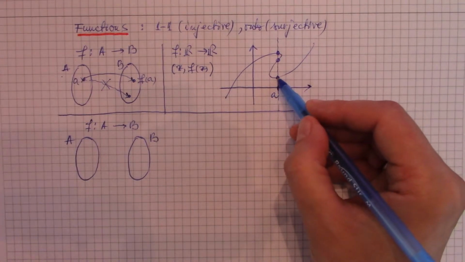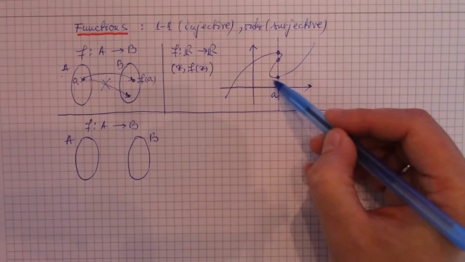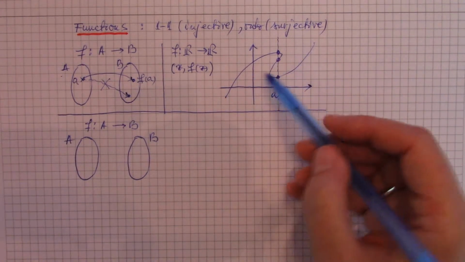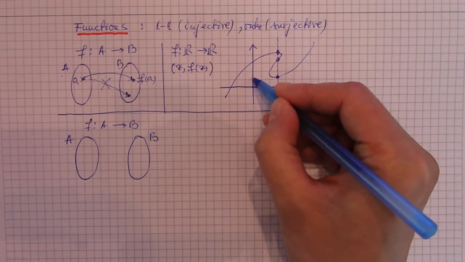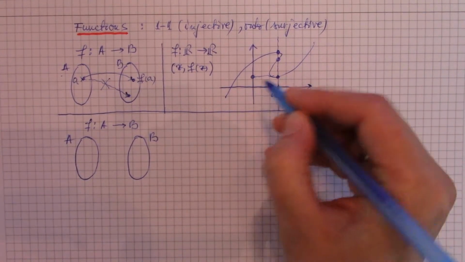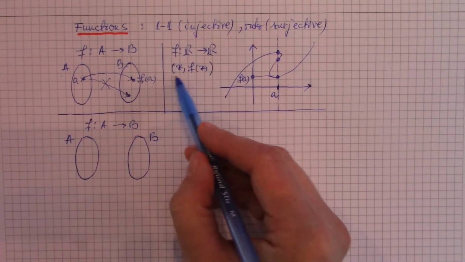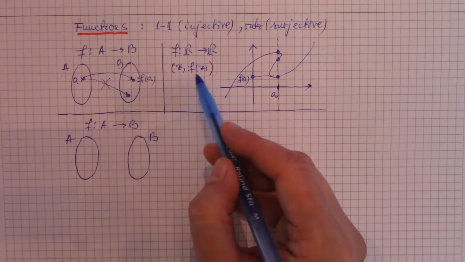So this point here is on this curve, and if this curve is to be the graph of a function, the y-coordinate of it would be f of A, because points on the graph of a function are of type x and f of x.